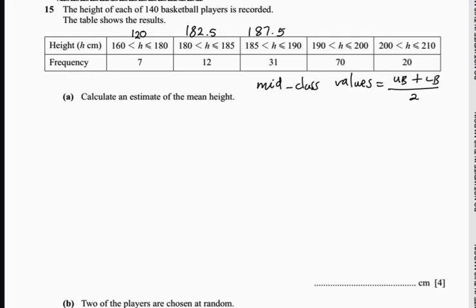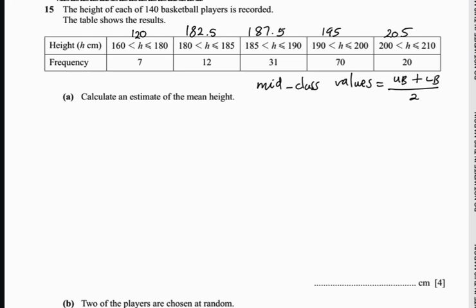The next one is 190 plus 200, divided by 2, gets 195. Lastly, we have 200 plus 210, divided by 2, we get 205. Awesome.